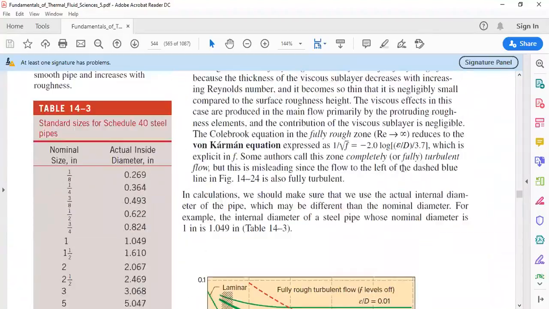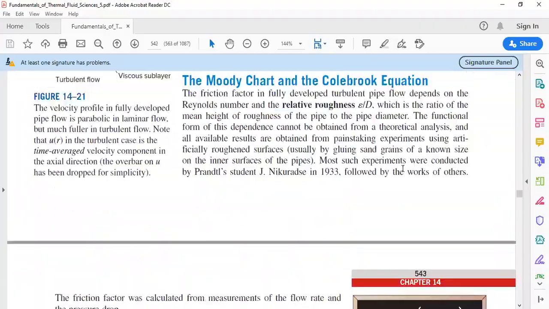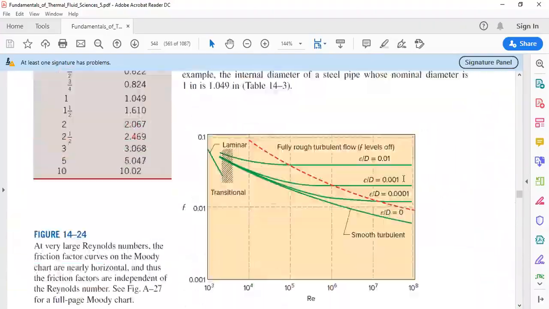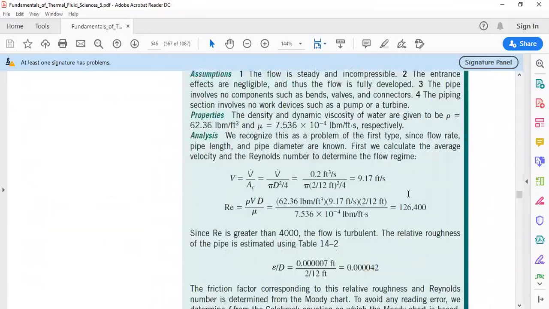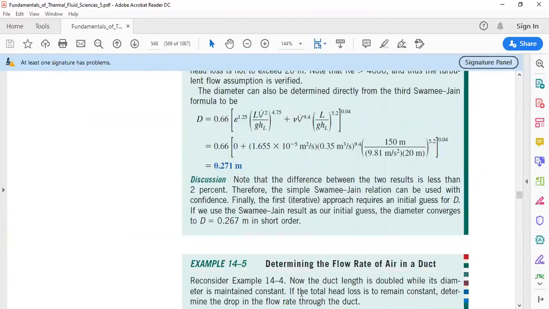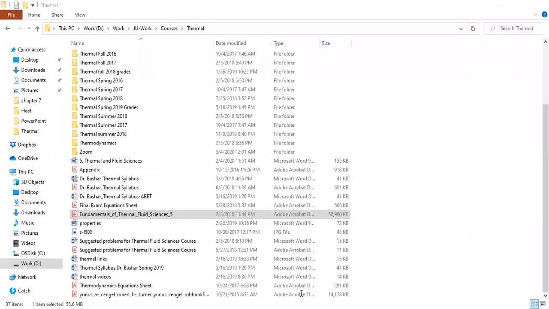If we go to the Moody chart, as you remember, it's in the appendix. Let's check the appendix, just 1 second.